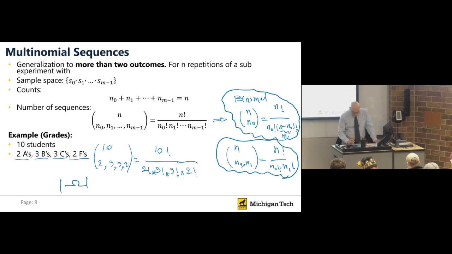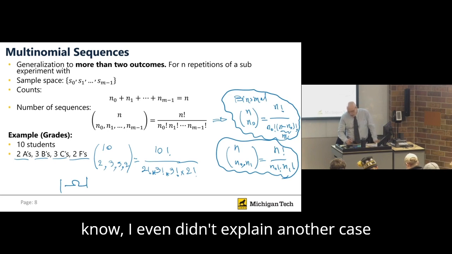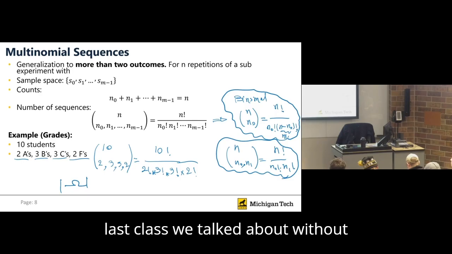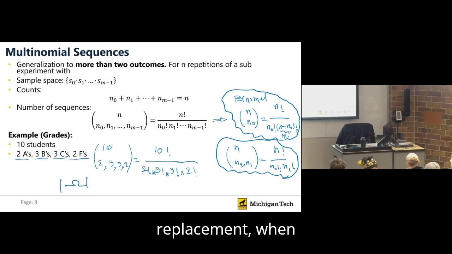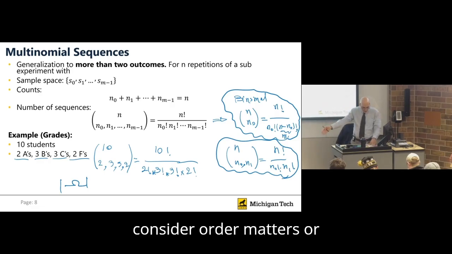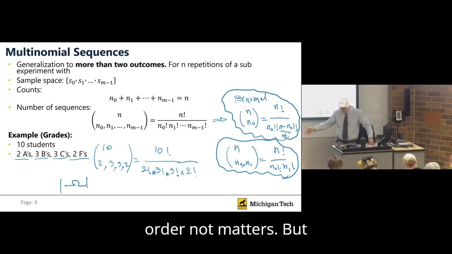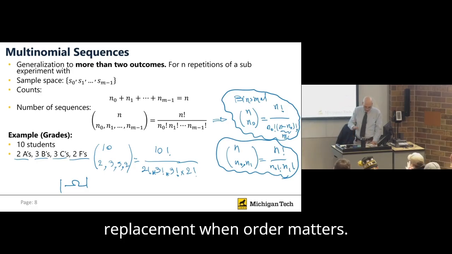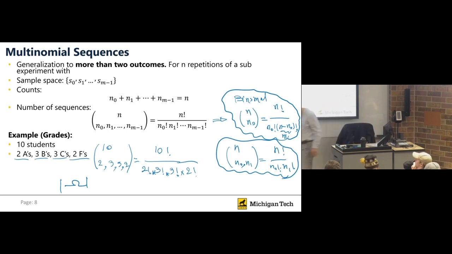So, I even didn't explain another case for you guys. Last class we talked about without replacement, when we consider order matters or order does not matter. But right now, we just talked about replacement when order matters.